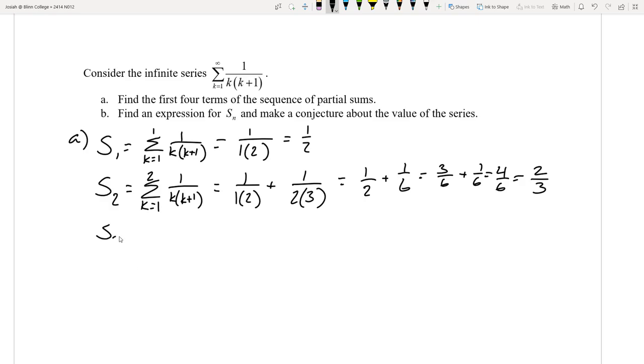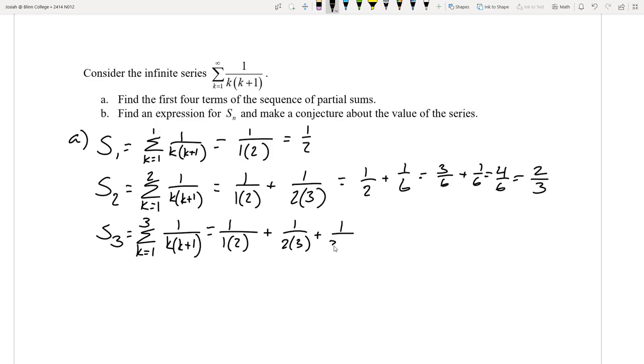Now we look at the third partial sum. Again, we change the upper limit of our summation to 3, and we have the same summand. Again, we're either plugging in our index, increasing it by 1, plugging it in, and then increasing it by 1 once more and plugging it in.